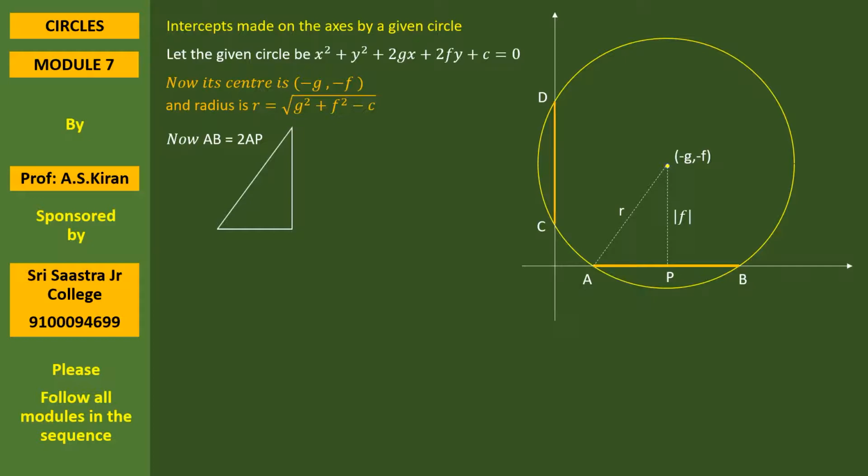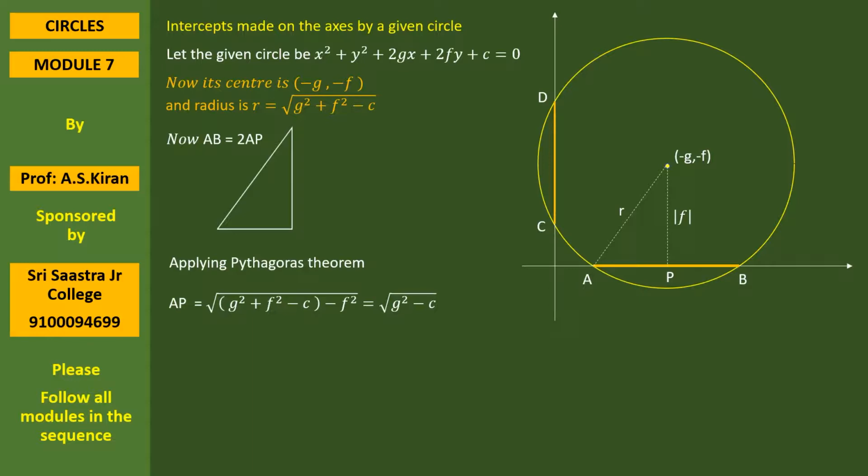Very simple now, applying Pythagoras theorem. AP is equal to root of hypotenuse square minus height square. AP is equal to root of g square plus f square minus c minus f square, that is equal to root of g square minus c.